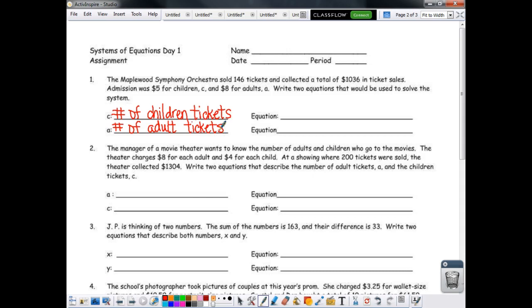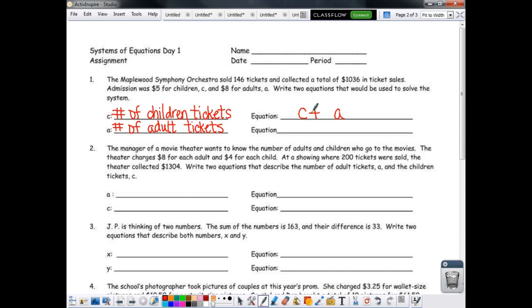Okay, so we need to write two equations. They tell me that in total we sold 146 tickets. So remember, we talked about having two options. There's two options, right? You can either get a children's ticket or an adult ticket, right? And usually we add those two together, right?